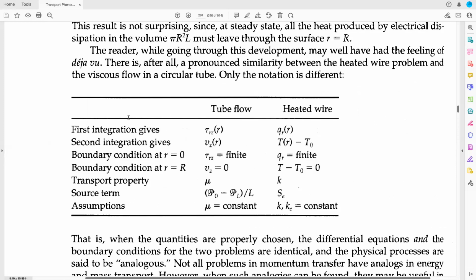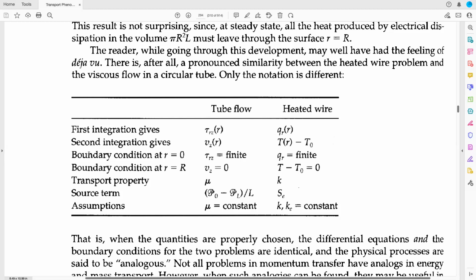For example, the first integration in the tube flow will give tau r z as a function of r, while for the heated wire you have the heat flux q r as a function of r. The second integration will give a velocity profile in the tube flow, while in the heated wire you have a temperature difference, T as a function of r minus the reference.